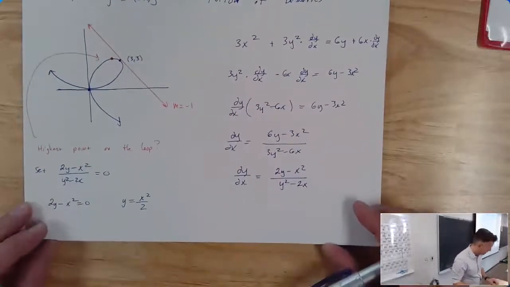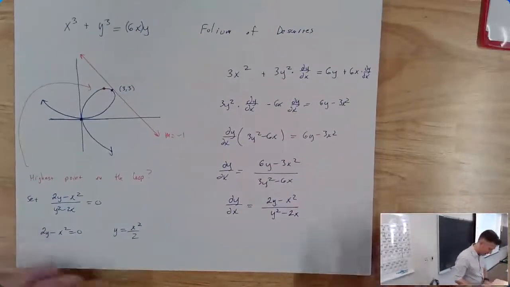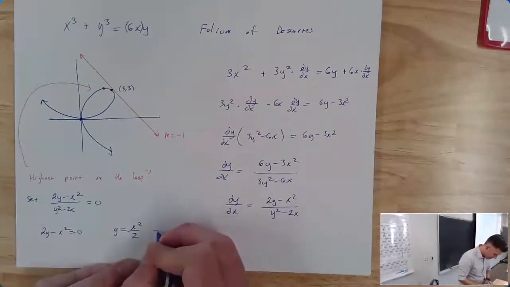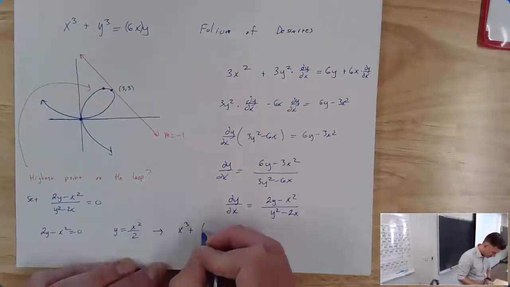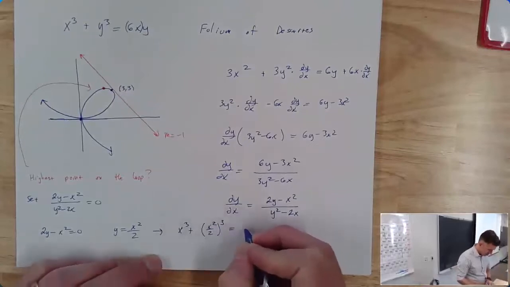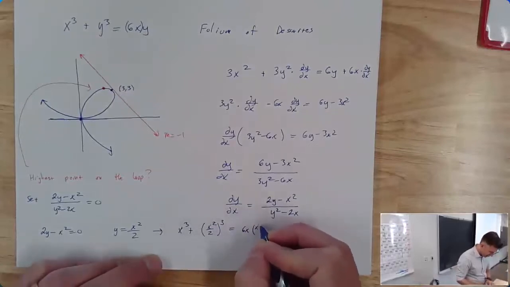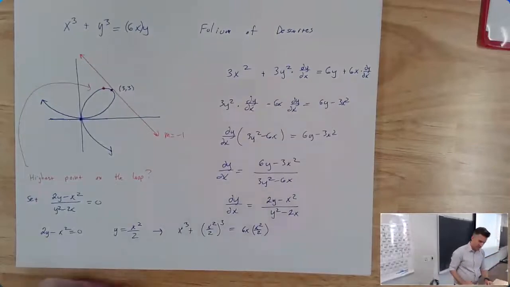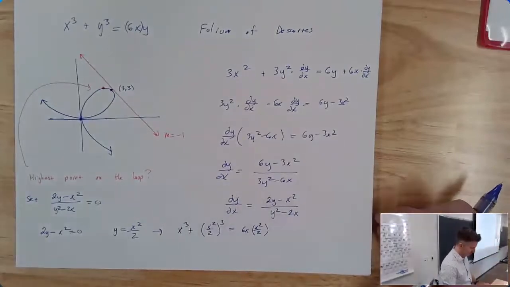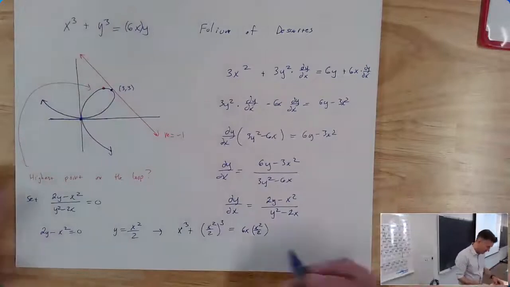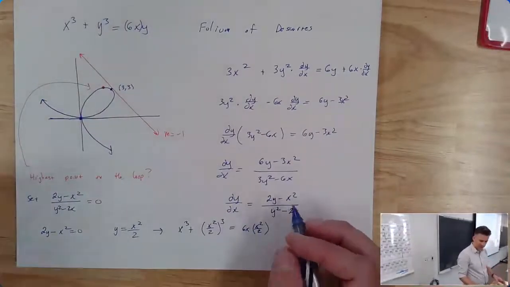So if we plug this back into the original equation, I'm going to have x cubed plus (x squared over 2) cubed equal to 6x times x squared over 2. That looks kind of dicey. It looks like I don't have enough room to finish this equation, but I probably do. Let's see here.